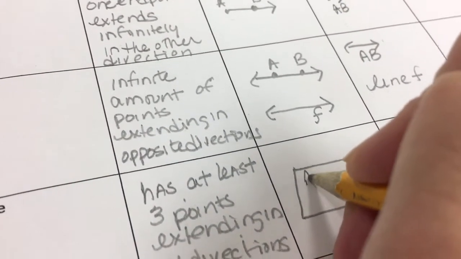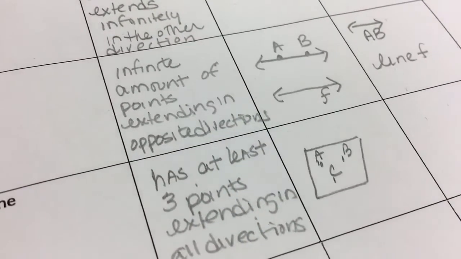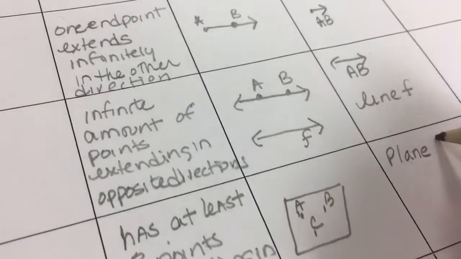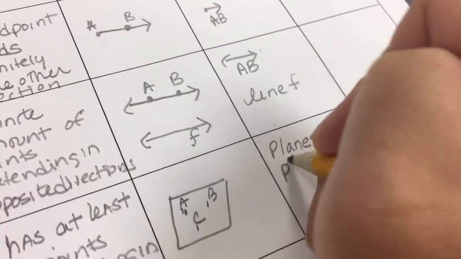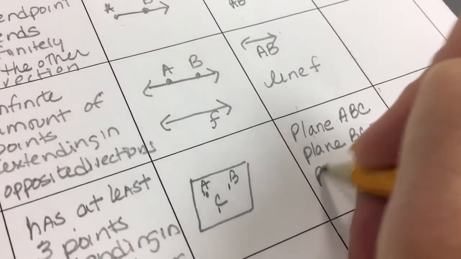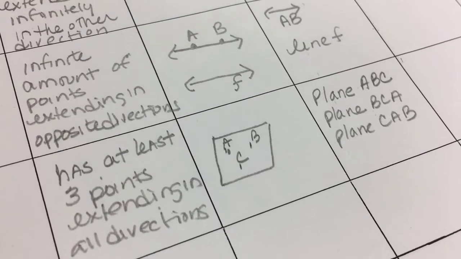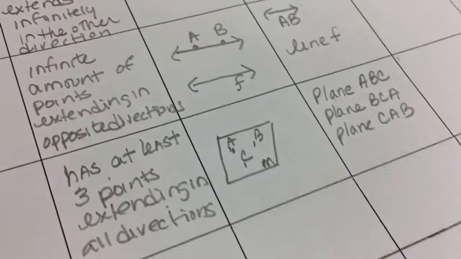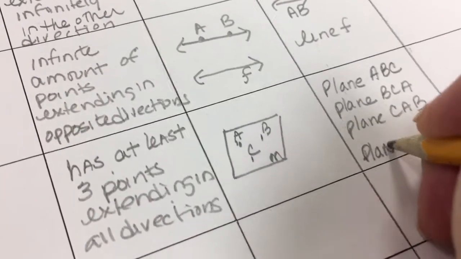And we could have point A, B, and C. And we would name this plane. Now watch, plane ABC, or plane BCA, or plane CAB. And just like with the line, sometimes we can have an italicized letter in the corner. And there's our little M in the corner. So this could also be named plane M.